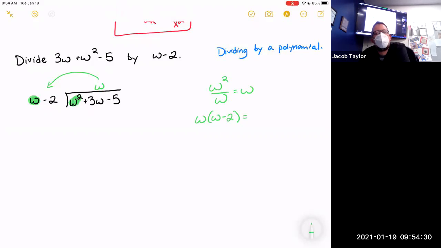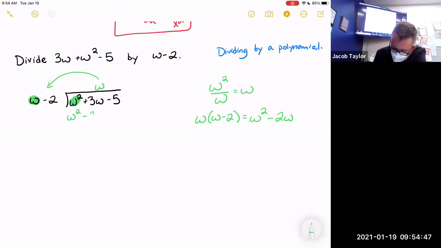What is w multiplied by w minus 2? Very good. w squared minus 2w. So that's going to go right here. w squared minus 2w.